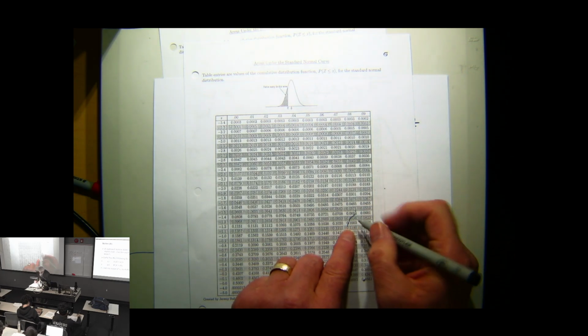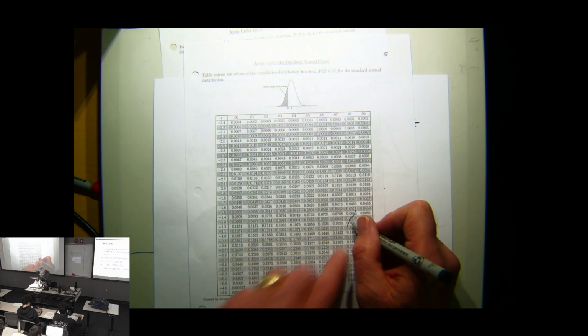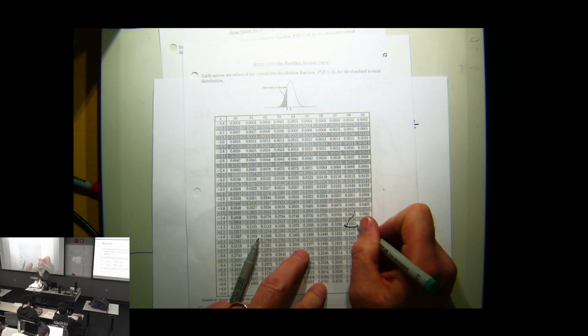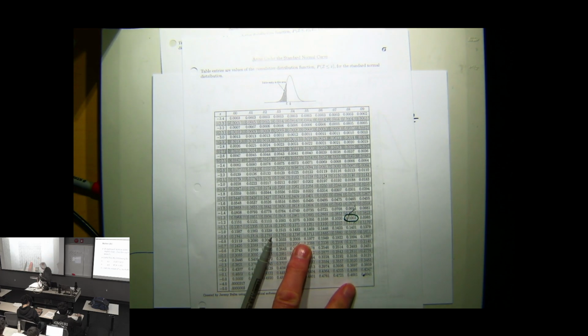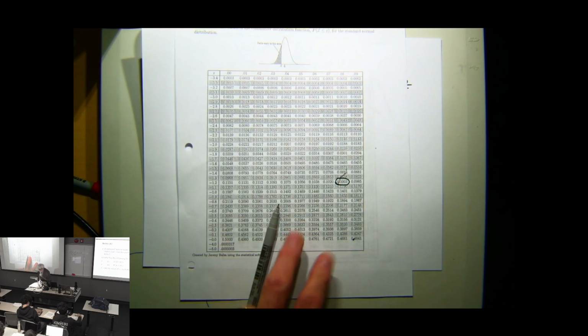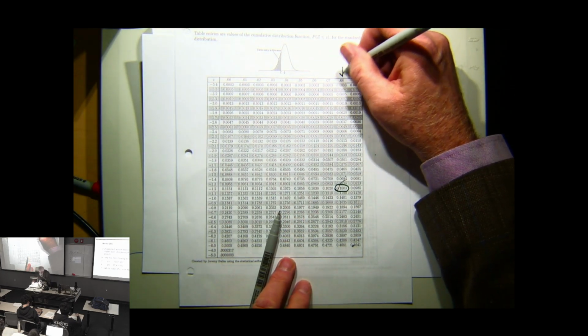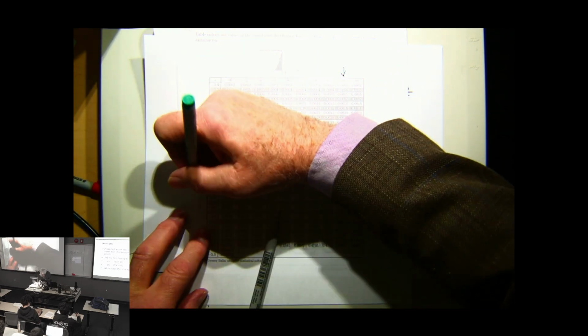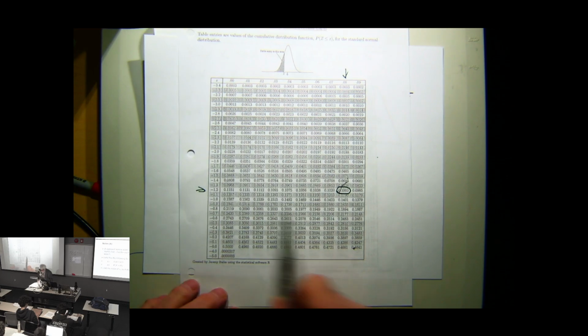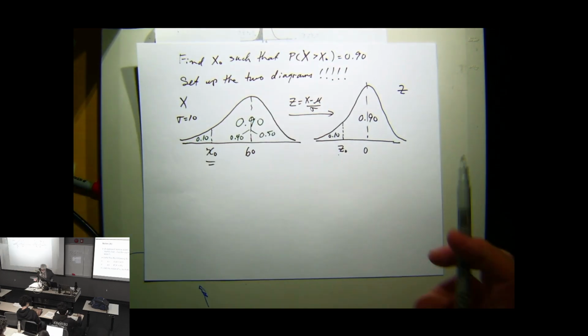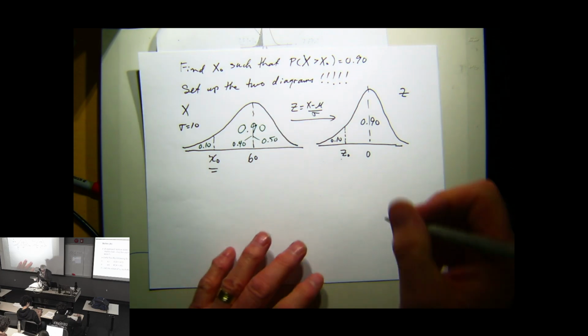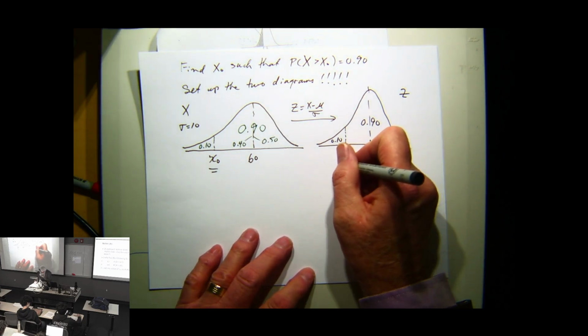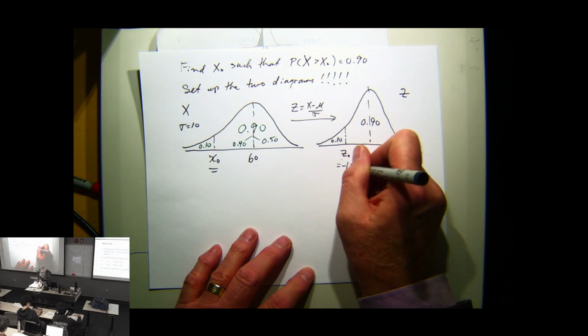You see there's negative, you got that? Negative 1.003. And then I read this off, and I see that that says negative 1.28. So, I go over here, and this Z naught is going to be negative 1.28.